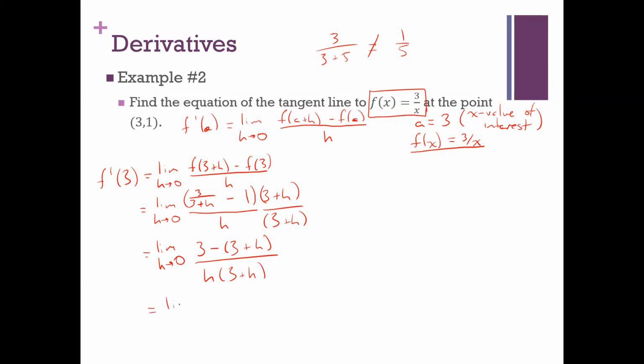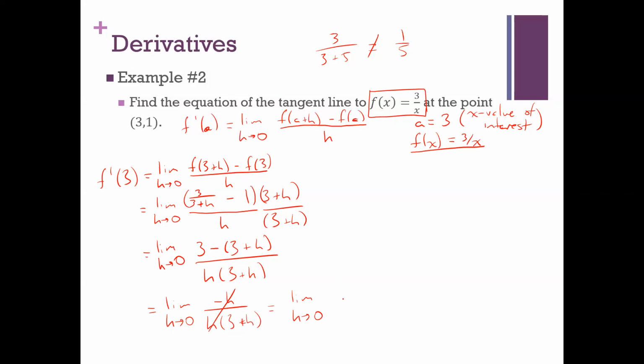Did that do anything for me? So numerator, yep, that simplifies down to negative h over h times 3 plus h. And hopefully some of you are seeing that that was a big step in the right direction.